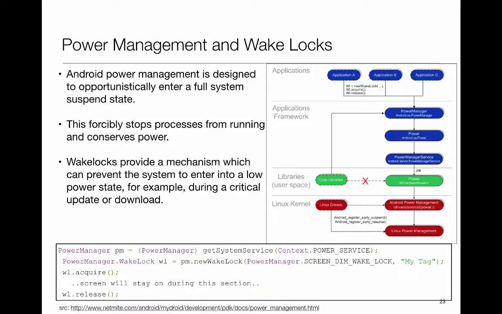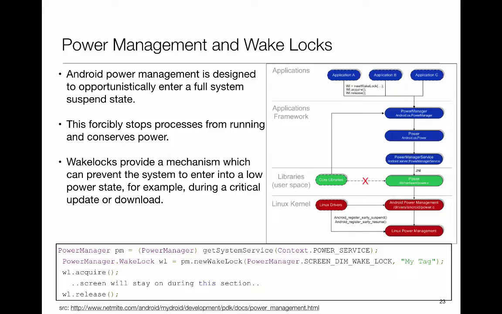So the wake lock mechanism is just for avoiding this kind of situation, where you can actually write a wake lock and say, whenever my application is running, just don't go into sleep, or just don't turn off the screen, or even just don't turn off the CPU, but you can still have the screen turned off.